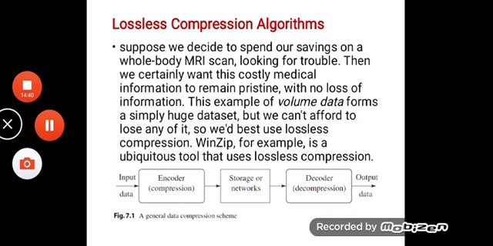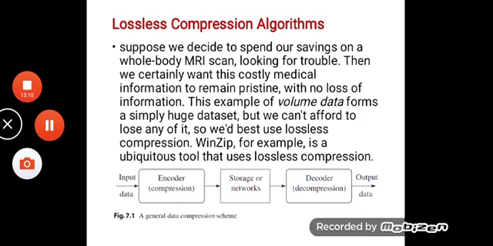Suppose we decide to spend our savings on a whole body MRI scan looking for a trouble, then we certainly want this costly medical information to remain pristine, with no loss of information. This example of volume data forms a simply huge data set, but we cannot afford to lose any of it.